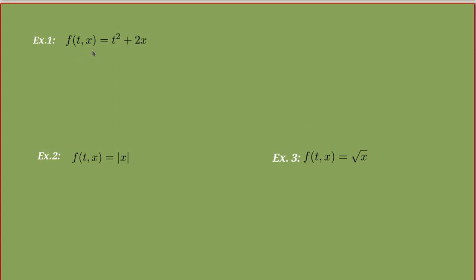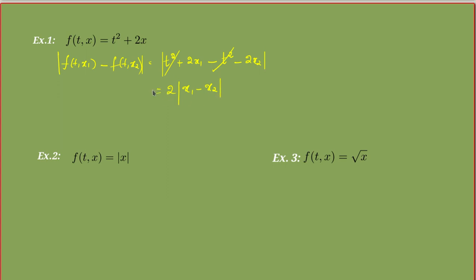So here I will try to find out f(t, x1) minus f(t, x2), which is equal to t squared minus 2x1 minus t squared plus 2x2, which can be written as 2 times (x2 minus x1).